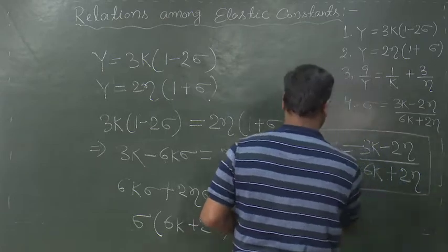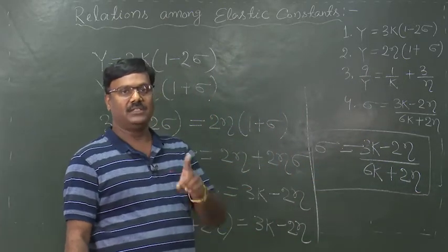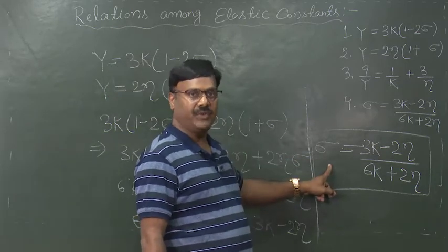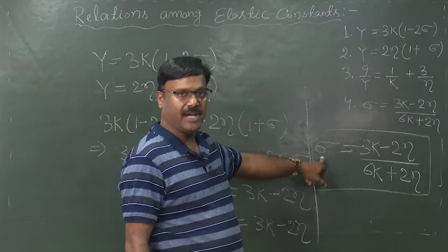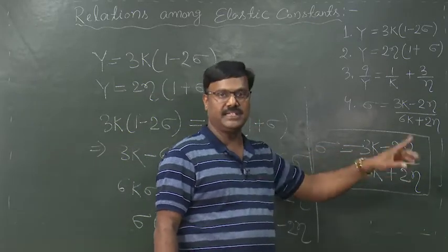So this is the required fourth relation among the elastic constants. Here the relation deals with Poisson's ratio sigma, bulk modulus K and rigidity modulus eta.